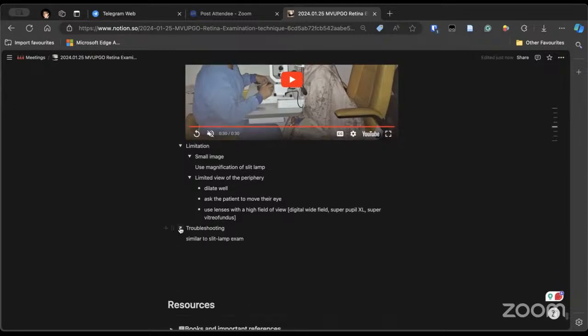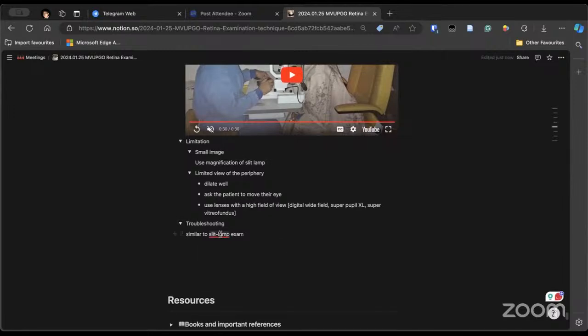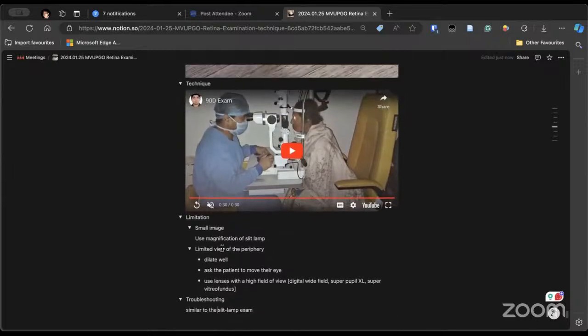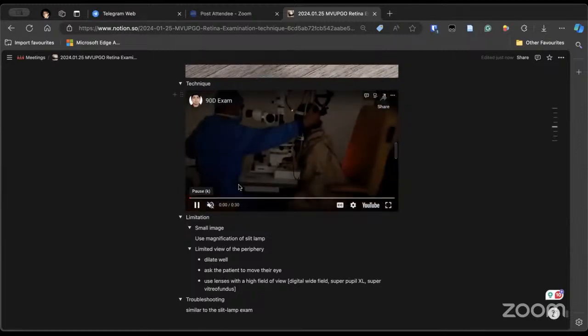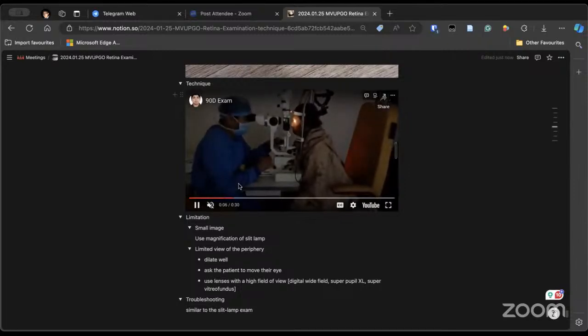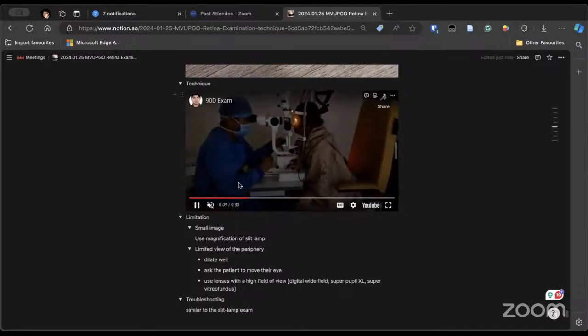Sir, troubleshooting, I have a doubt. While examining the right eye of the patient, we use the left hand, no? Yes, usually. And when we examine the left eye, we use the right hand, right? Yes, usually this is what we do. You have to keep on practicing this again and again.